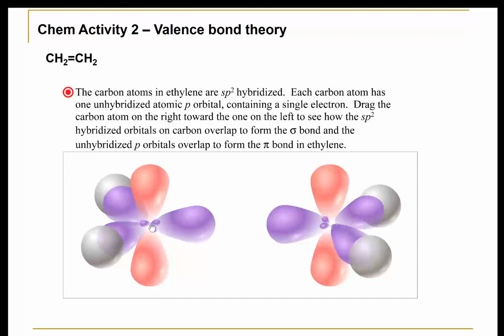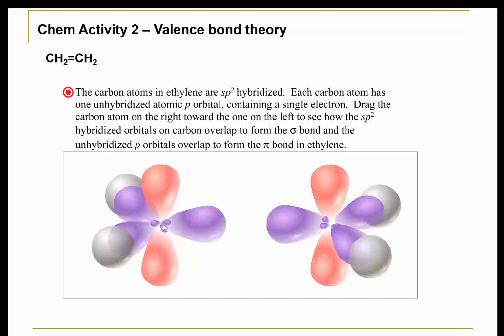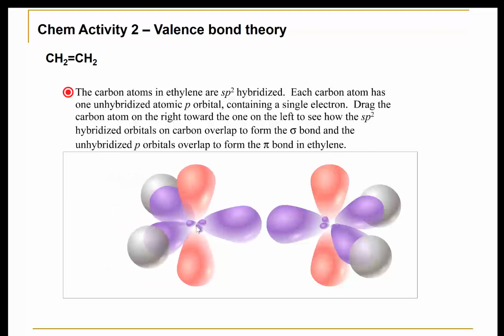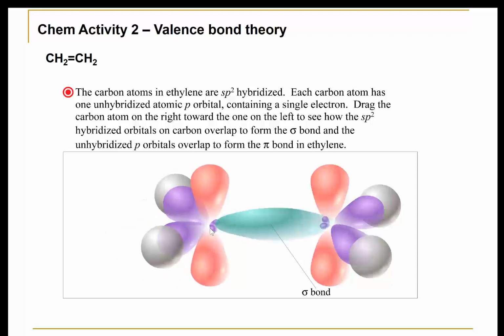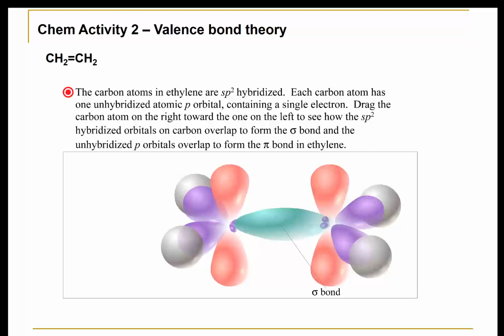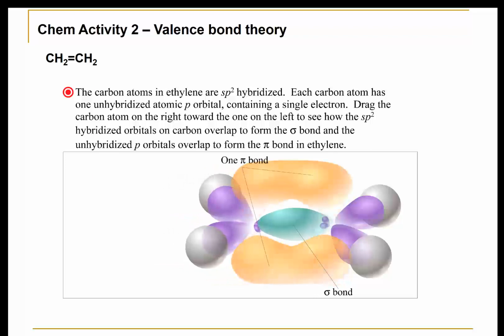Now I'm going to bring this first carbon that's on the left to the second carbon on the right. And the first thing that we'll see is the head-to-head overlap forming the sigma bond between the 2 carbons involving their sp2 hybridized orbitals. If I bring the atoms closer, we also see the formation of a single pi bond both above and below the plane of our carbon sigma bond.